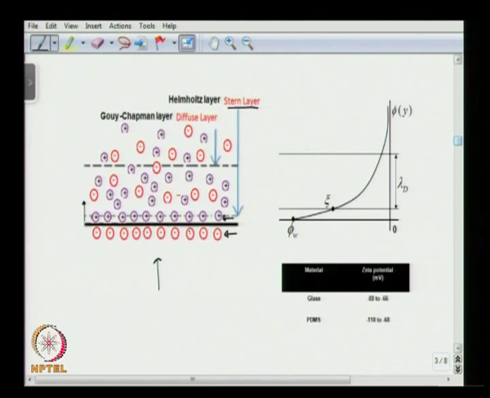They are very strongly bound to the negative charged wall, and because of the negative charge on the wall more positive charges are also attracted towards the wall. So there is a region close to the wall where we would find net positive charge, okay, and that region is known as electrical double layer.